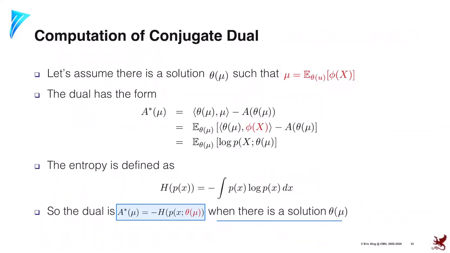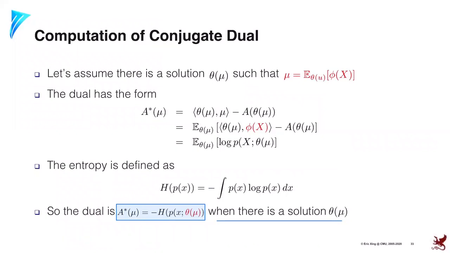Okay. So after we assume that there's a solution theta(mu), we would have this mu equal to this expectation. We should know that this is derived by plugging in the optimal theta(mu), and using the definition of the joint probability of this exponential distribution. So that's how we compute this mu.